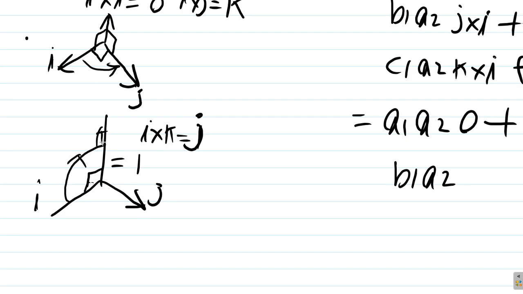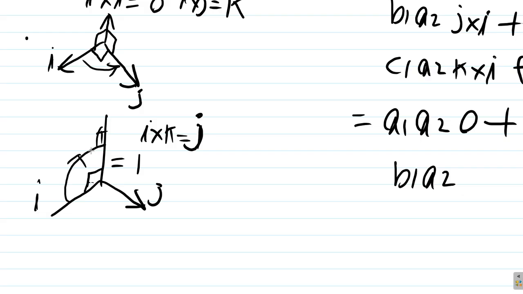Go I cross K. If you go from I to K, the right hand rule would show J would be, if I'm looking at the right hand rule, my first finger is in direction of J, in direction of K, and my middle finger in the direction of I, or my thumb.